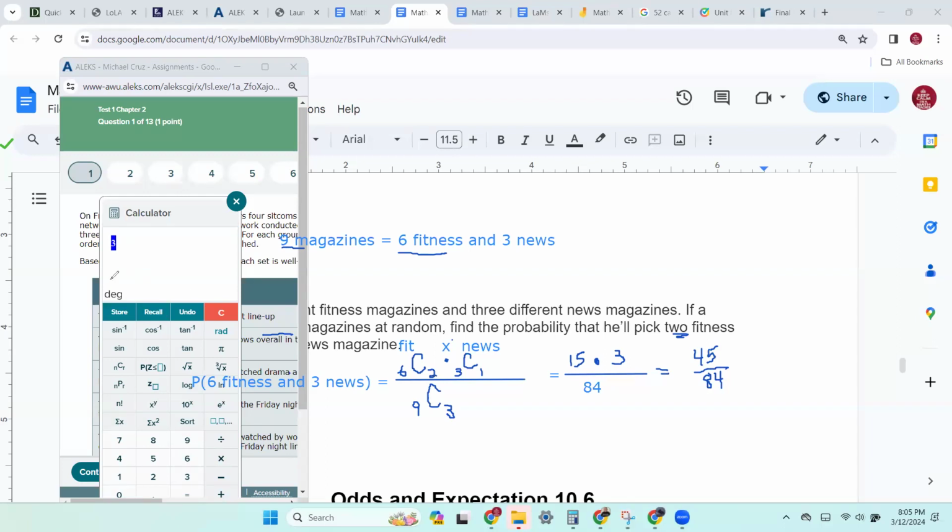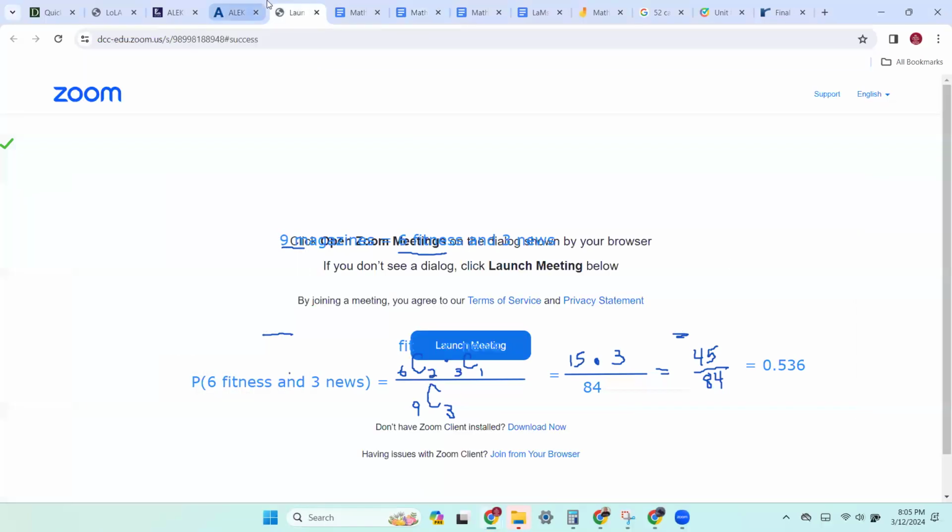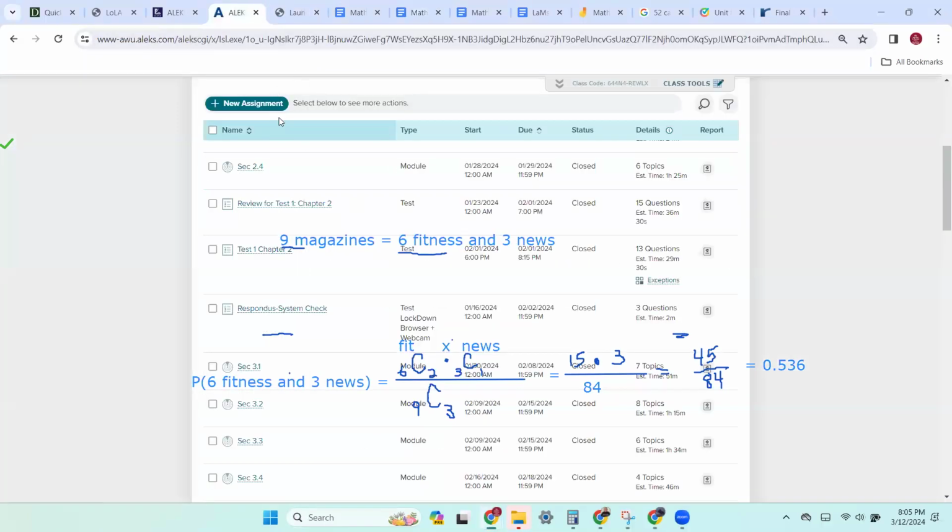Let's do hundredths. So 45 over 84. So that's tenths, hundredths. So that would be 0.536. Because the 5 is getting bumped up. So there we go. All right, let me go over to the book, and we'll do one more over there that's got a couple of parts to it.